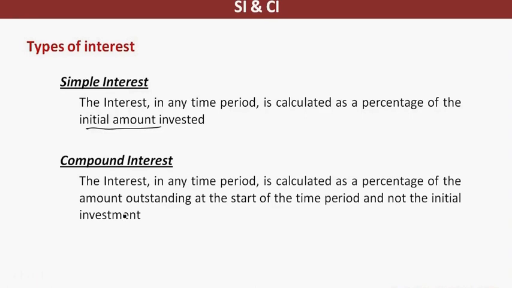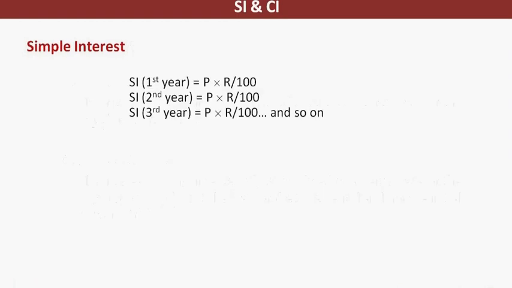Whereas in the case of compound interest, the interest in any time period is calculated as a percentage of the amount outstanding. So that is basically the difference between simple interest and compound interest. The interest is on the initial principal all the time in case of simple, whereas the interest is on the amount that is at present there in case of compound interest, and it is not on the initial investment.